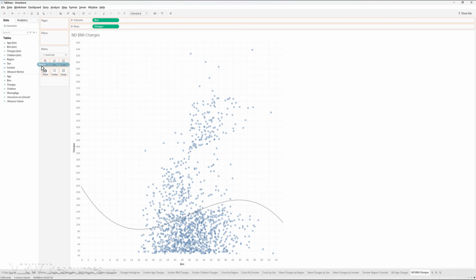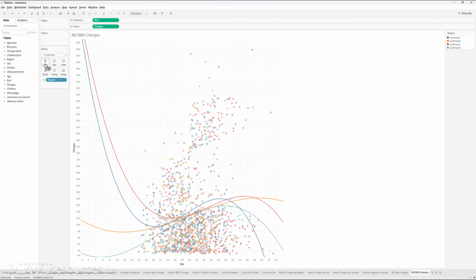Again, region, if we bring in color, yeah, that gives us an interesting starting point for these two regions here, the darker blue and the red, so northeast and southeast. But I don't know that that looks like it's going to be a huge difference. And certainly looking at the actual scatter itself doesn't yield any particular patterns to me.